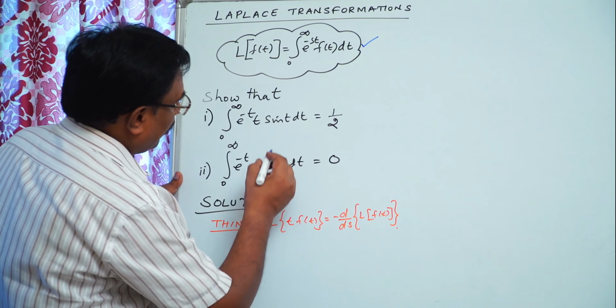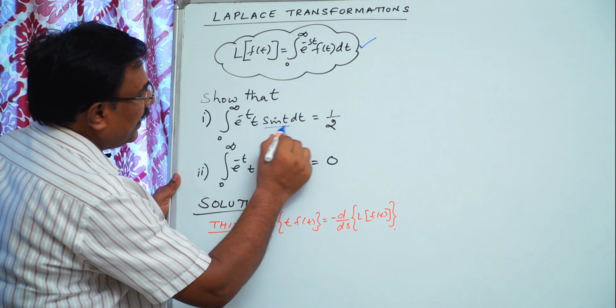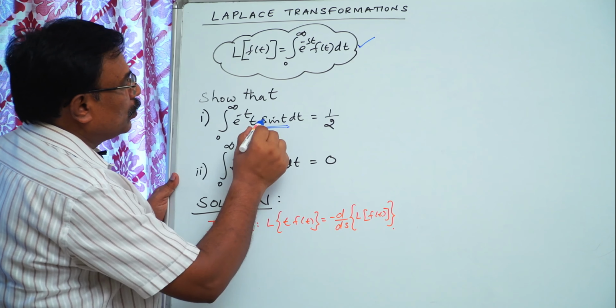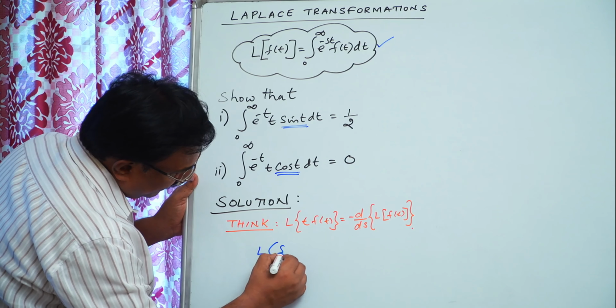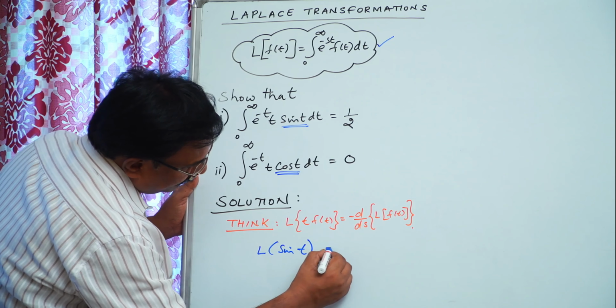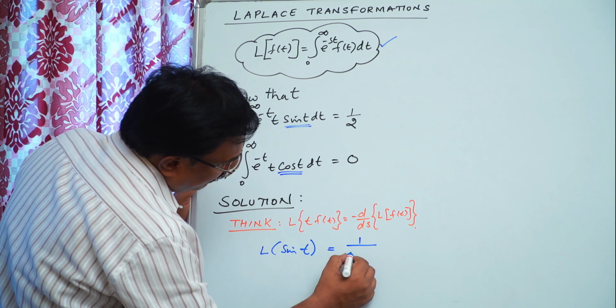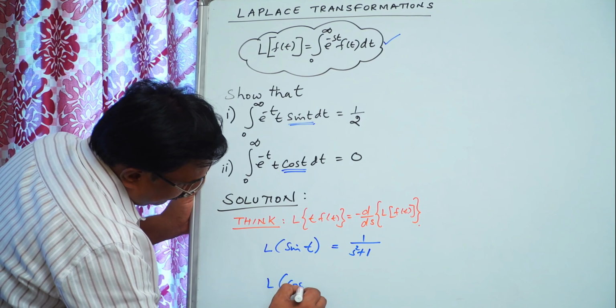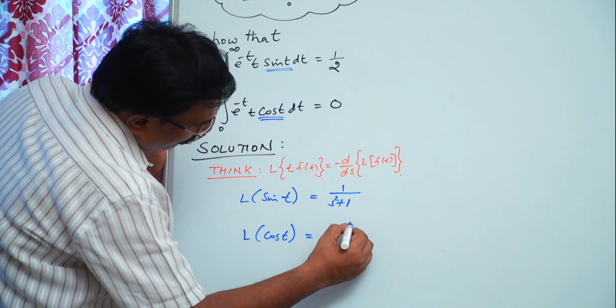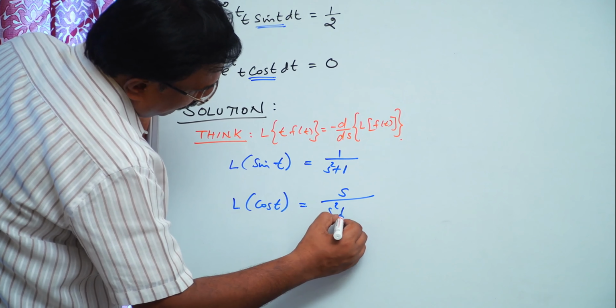Okay, let us start. For this problem, sin t and cos t, two terms, standard results. We know that Laplace of sin t is equal to 1 by s square plus 1, and Laplace of cos t is equal to s divided by s square plus 1.